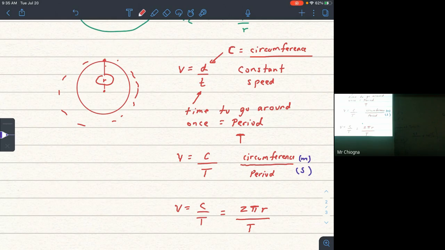On a side note, we don't use this very often, but just remember, the diameter is twice the radius.